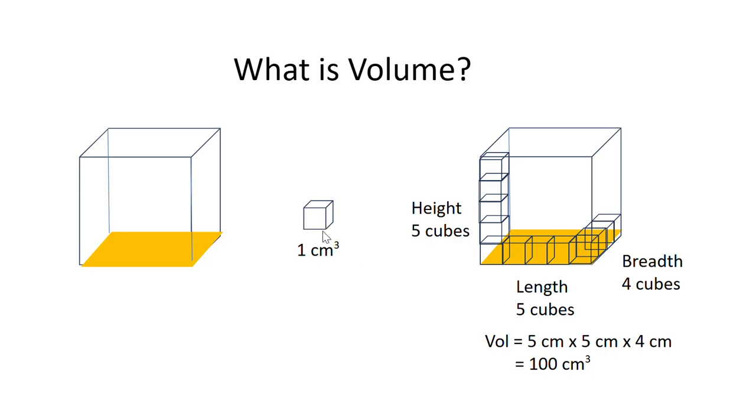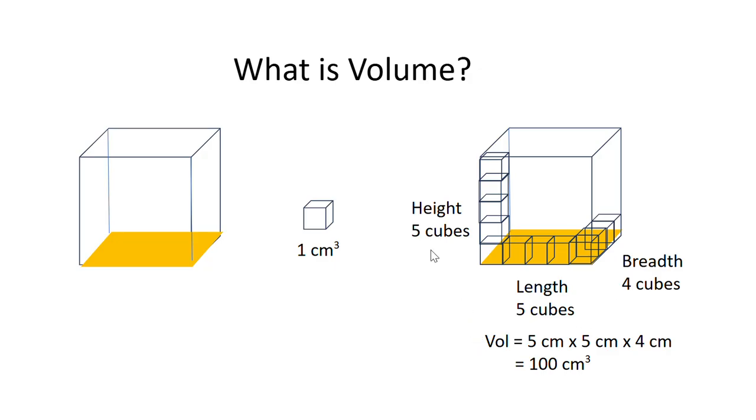You try to arrange all the 1 centimeter cubes into the object. In this case, for the length, I can arrange 1, 2, 3, 4, 5 cubes. For the height, I also can arrange 1, 2, 3, 4, 5 cubes. And for the breadth, I can arrange 4 cubes.